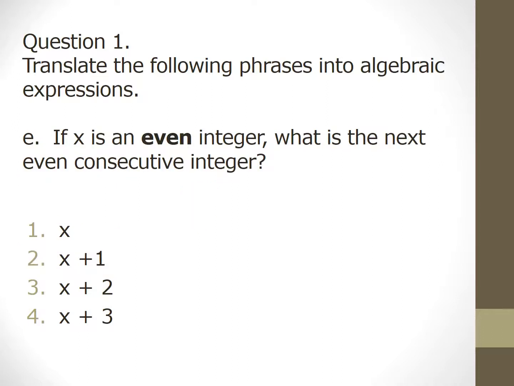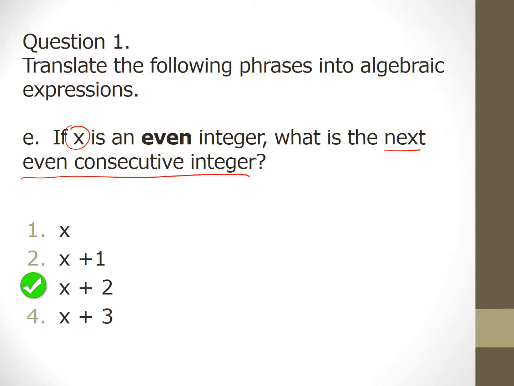2 more to practice before we wrap up. If x is an even integer, 2, 4, 6, 8, 10, if it's an even integer, what's the next even consecutive integer? So we're going from even to even. So which of the expressions below do you think would best represent the next even consecutive integer, assuming x is the even number we start with?